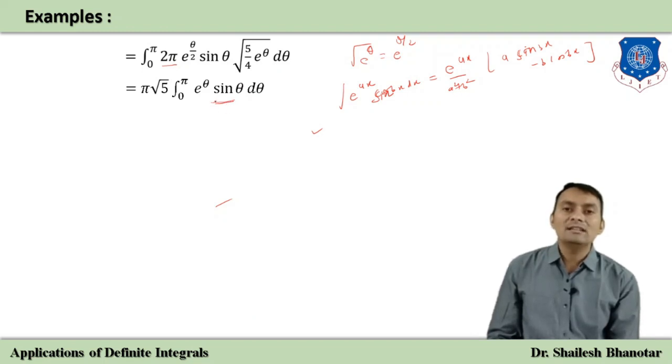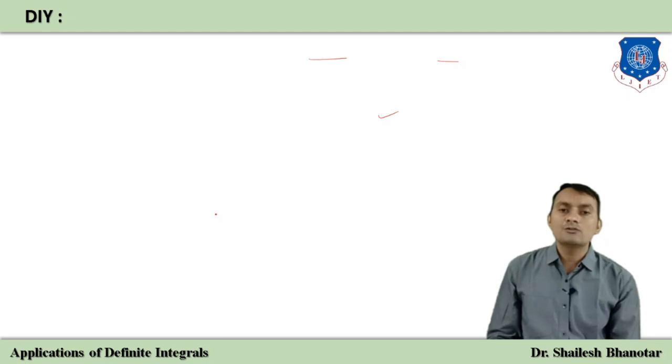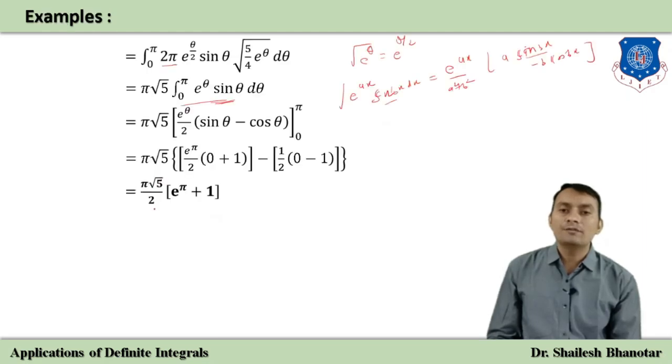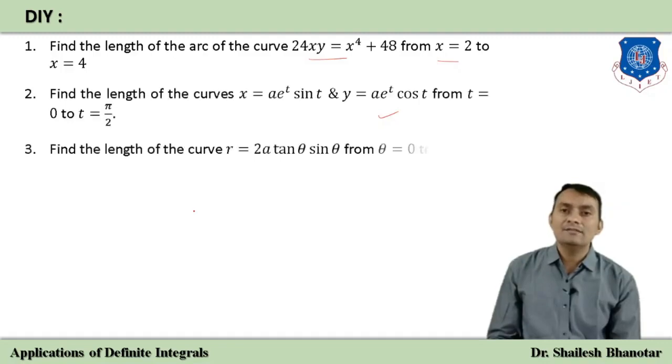But again we know this formula: the integration of e raised to ax into sin bx dx is e raised to ax divided by a square plus b square, into (a sin bx minus b cos bx). Now we have to apply this formula here. So you will get e raised to theta by 2 into (sin theta minus cos theta) over 0 to pi. When you put in all these values, you will get pi into the square root of pi divided by 2, into (e raised to pi plus 1), and that will be the final answer. These are the examples, just try them yourself.